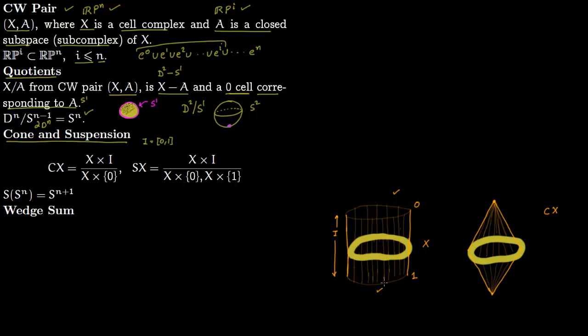In suspension, you identify this part to a point. So this entire circle here is identified to a point. So you get something like this. This is called the suspension of X. So for the cone of X, just consider identifying the top part, the top circle, to a point, and for suspension both parts.